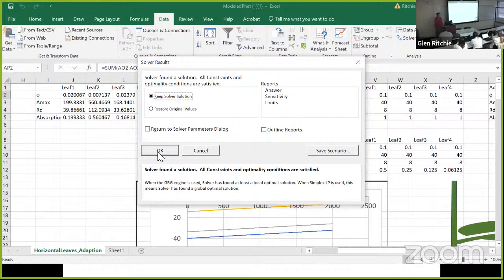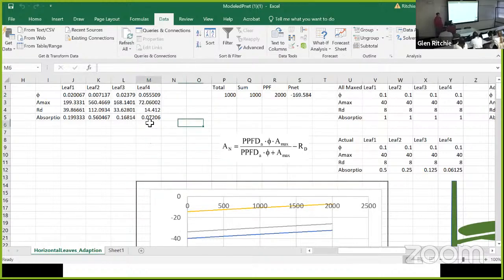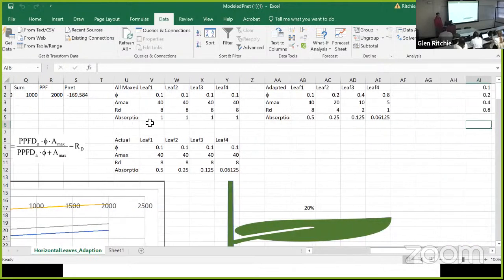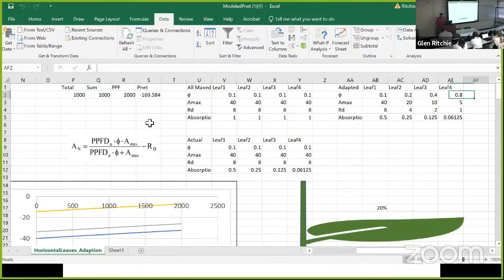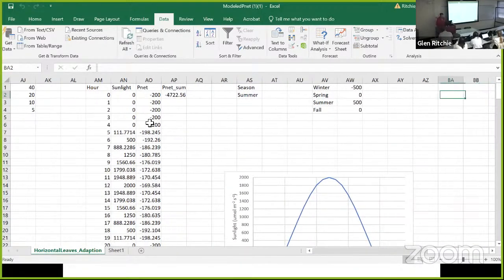If it didn't find a solution, then it's kind of back to the drawing board. But in this case, I keep my solver solution, and my total PNet is AP. Oh, I have this set for an entire daily setup here.